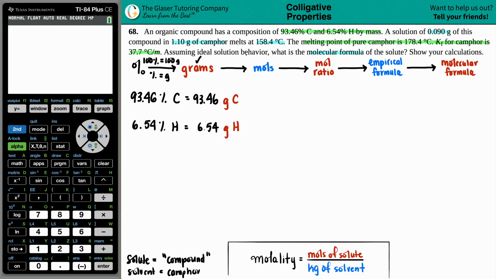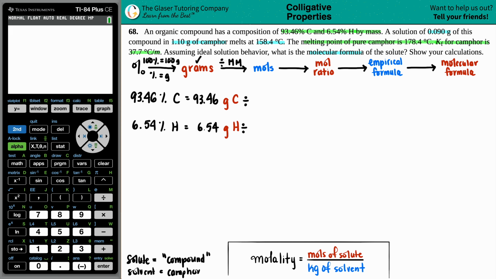Grams to moles goes all the way back to the beginning of chemistry. Grams to moles, we always just divide by the molar mass. So I have to go on the periodic table to find the molar mass of carbon and hydrogen.